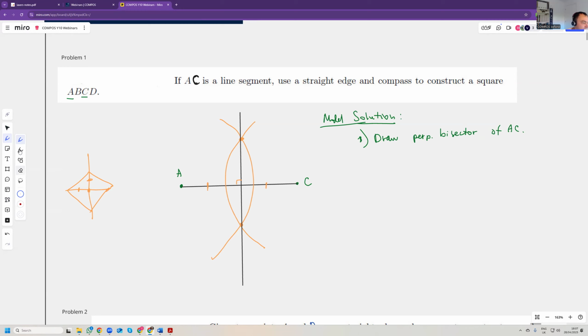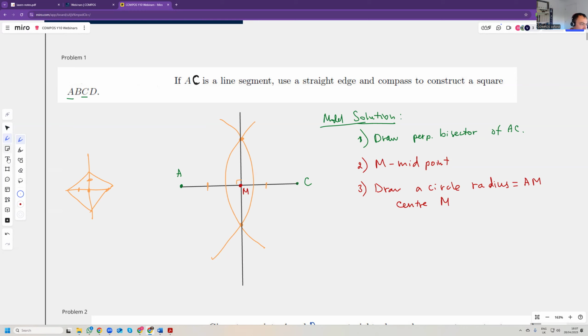So all we now need is, two, let M be the midpoint. And three, draw a circle, radius equal to AM, center at point M.